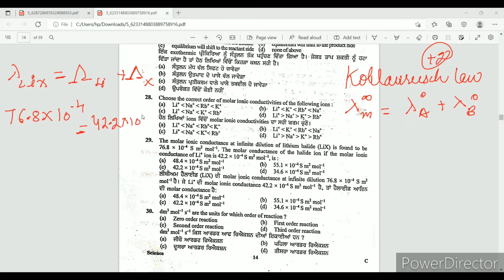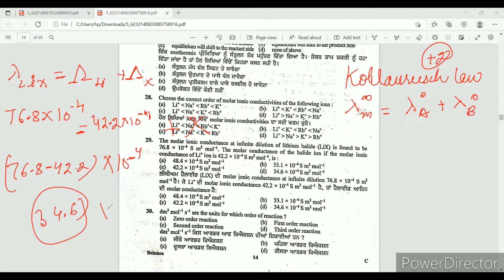Now we have to find the value for X. This value is in addition, so when you shift it to the other side, it will be in subtraction. On subtracting, you get 34.6 into 10 raised to power minus 4 Siemens meter square mole inverse. That is option number D.